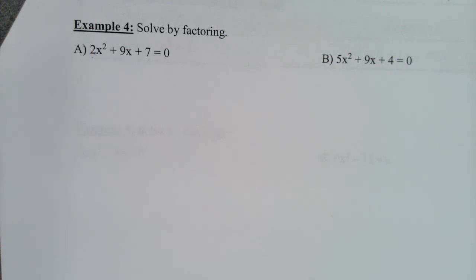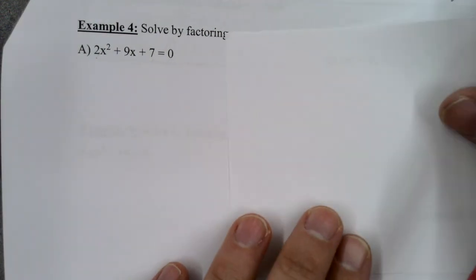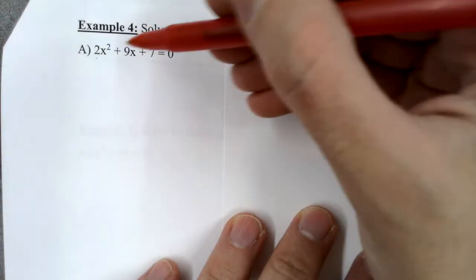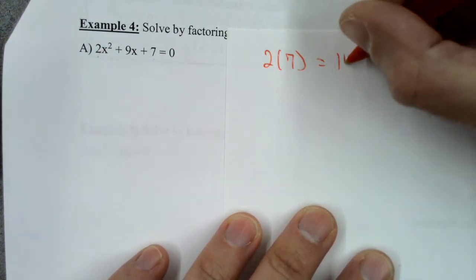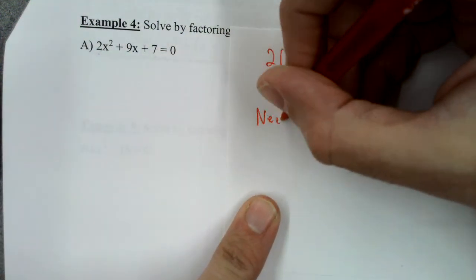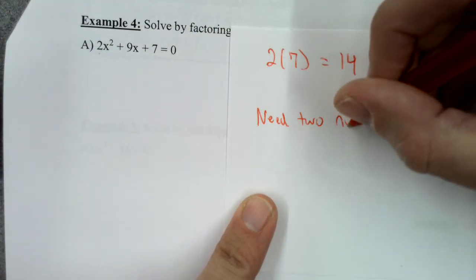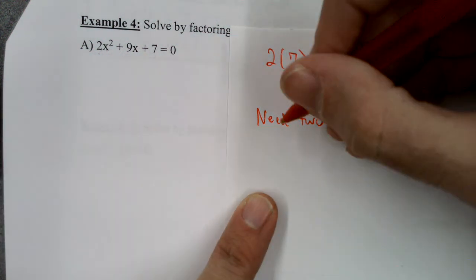Just so we have more room, I'm going to do that right here. So 2 times 7 equals 14. That's your first step. Now you need two numbers that multiply to 14 that you just got.